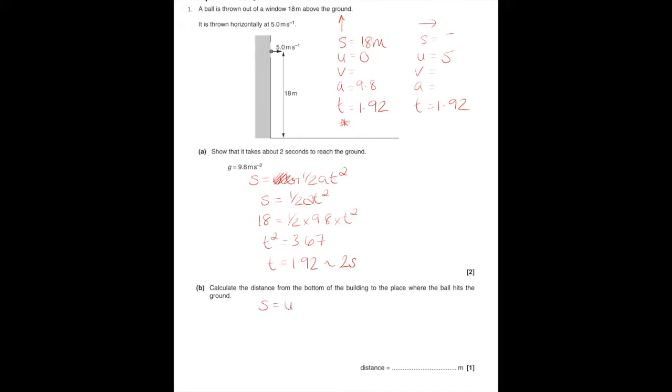Again, we use the same expression, half at squared, except that this time we know that acceleration horizontally is always 0. So all of that is going to go. What we're left with is s equals ut, which is 5 times 1.92, and that comes out at about 9.6 meters. So a nice straightforward SUVAT to get us started.